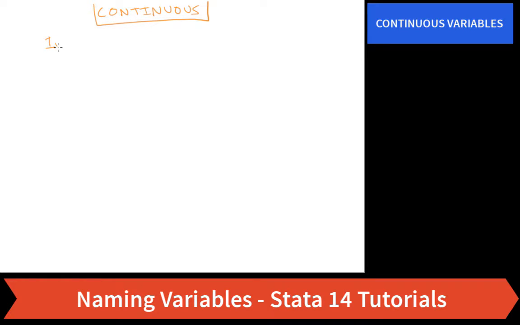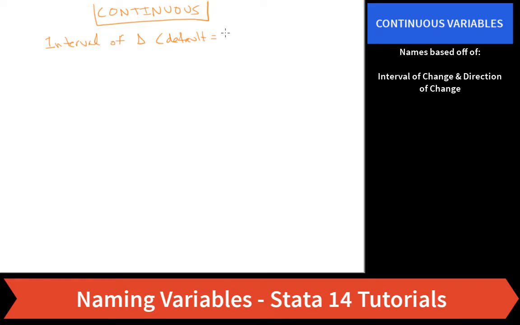First of all, you want it to tell you the interval of change that it's representing, and the default is going to be 1 unit of whatever that variable is. And second of all, you want to know the direction of change. The default for me is always the positive direction.